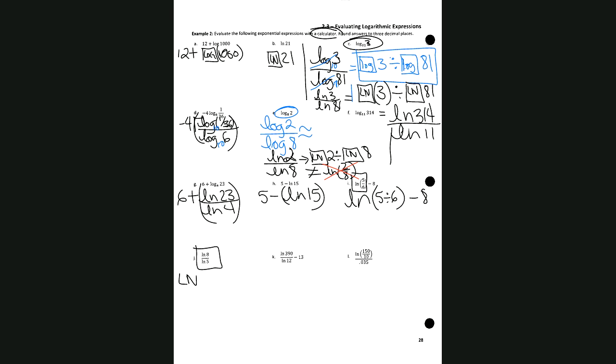You enter natural log of 8, division symbol, and then natural log of 5. Same thing applies for this one. So in this case, I will use parentheses just to make sure. 390, and then divide it. And then again, natural log of 12, close parentheses, and then -3.